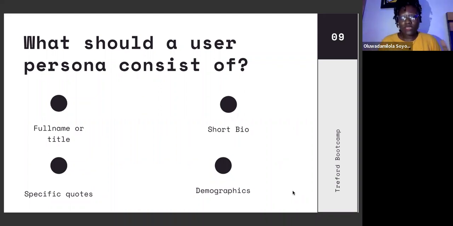We know what a quote is, a direct sentence that the user said. So it answers questions like, why are they interested in your product? What types of solutions are they looking for? What really matters most to them? These quotes try to answer this.